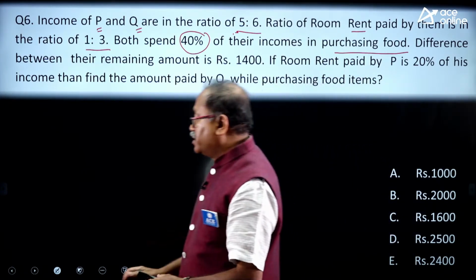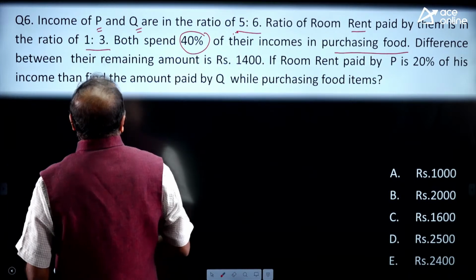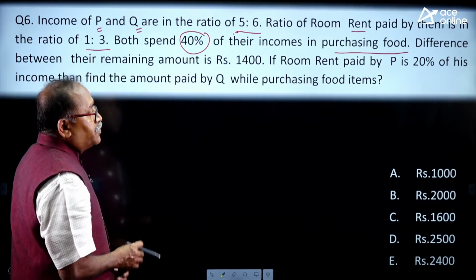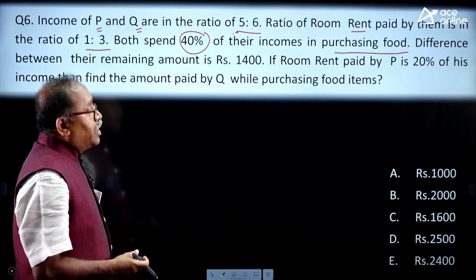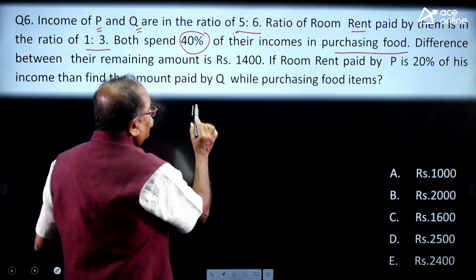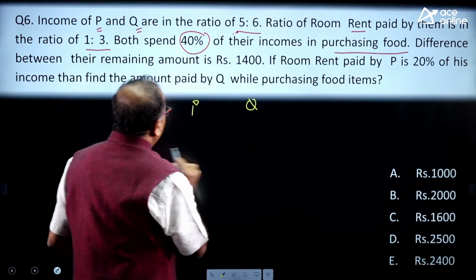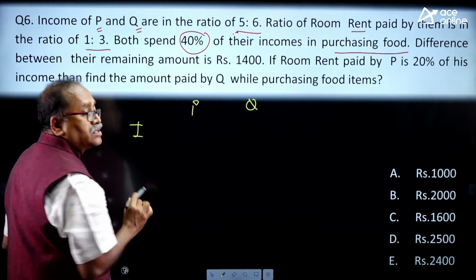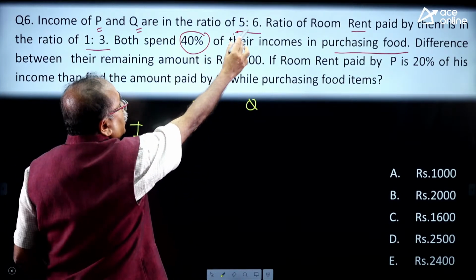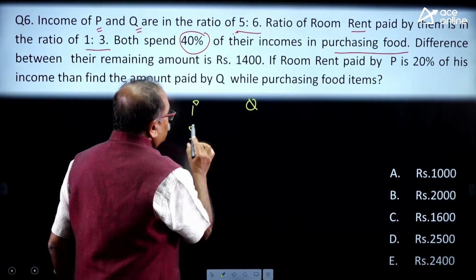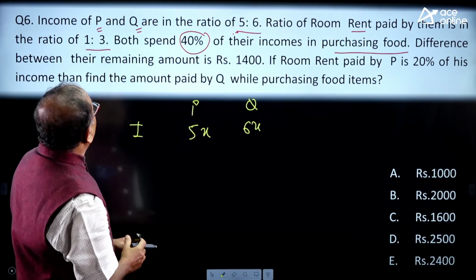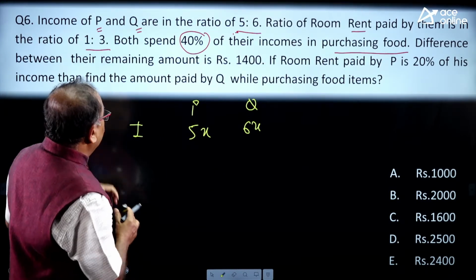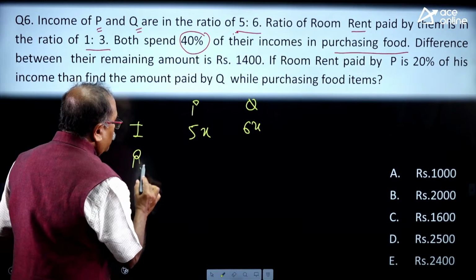Let's start here. I will give some clue for you. The very first thing is, let's take their income, whatever P and Q's income, let's consider it as 5x and 6x. This is 5x and this is 6x. What is their first expenditure? The one expenditure is rent, I know, right?